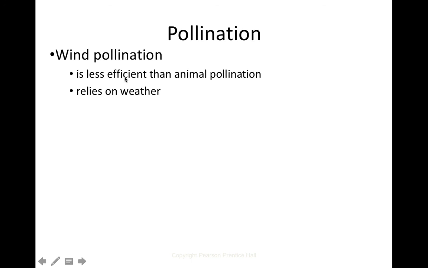Obviously, you're relying on chance for the wind to blow in just the right direction to get pollen to seed cones. Also, it relies quite heavily on weather, not only for wind to blow pollen in the right direction, but also, if there's rain, it can prevent pollen from meeting its destination and wash a lot of pollen away. So there's a lot of chance.